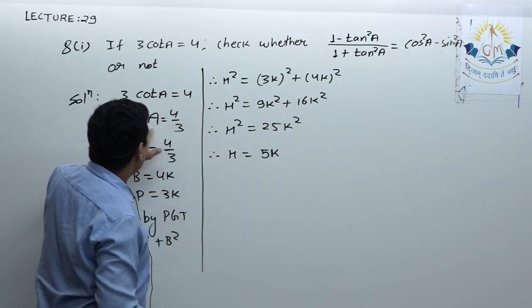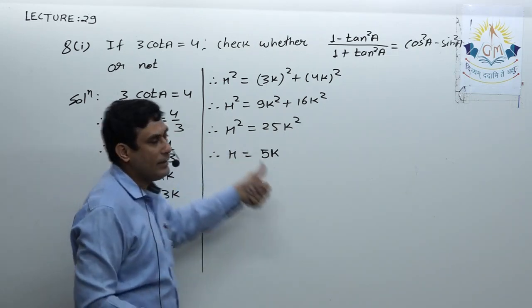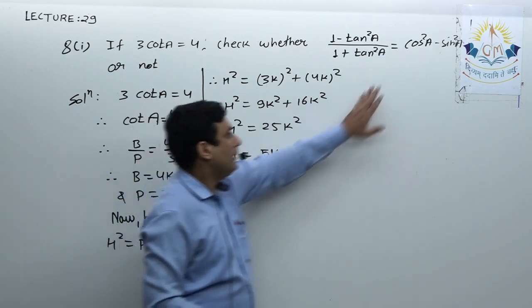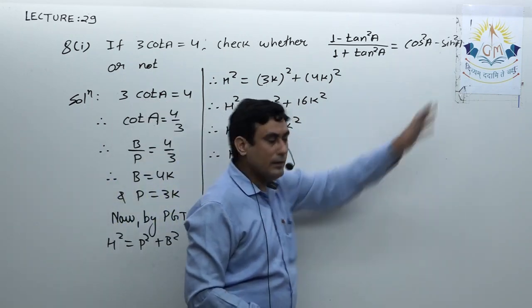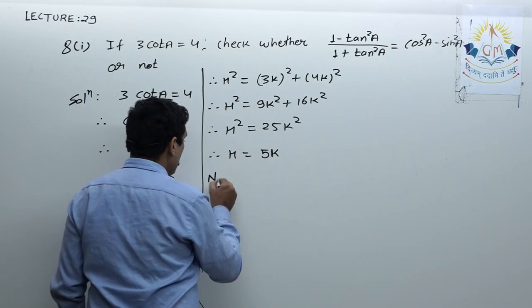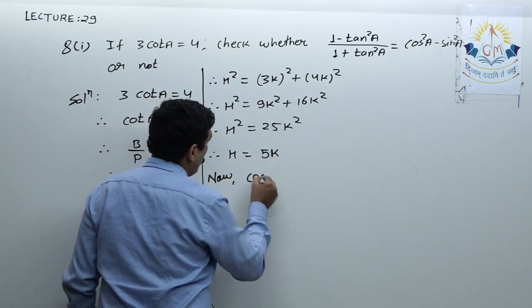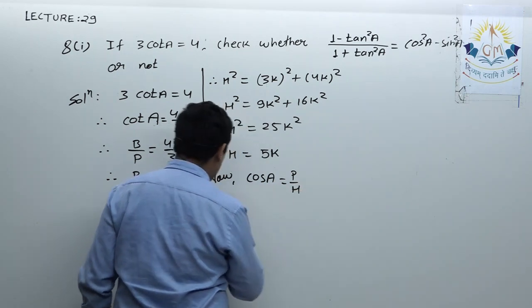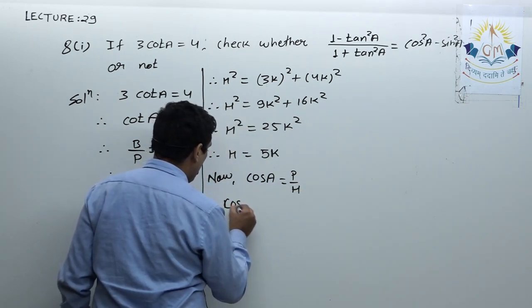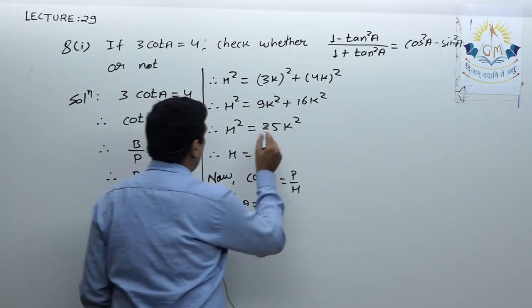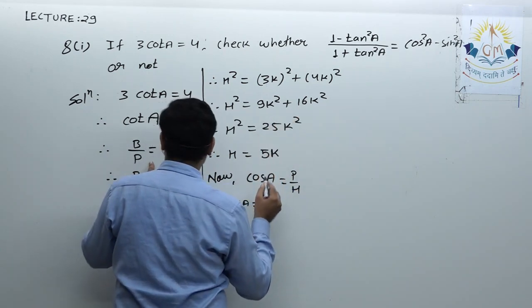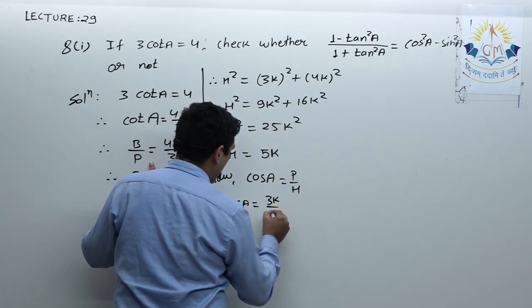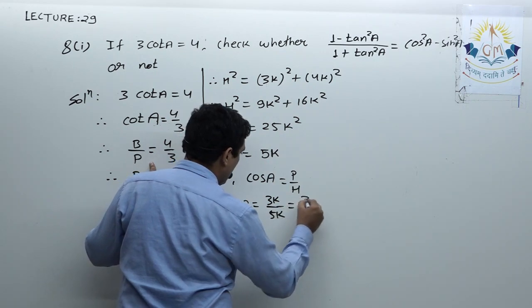I simply say cot A is 4 by 3, so tan A is 3 by 4. Definitely I need to find cos and sin.